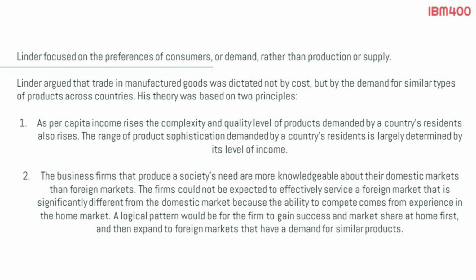This theory was based on two principles. The first one is, as per capita income rises, the complexity and quality level of products demanded by a country's residents also rises. The range of product sophistication demanded by a country's residents is largely determined by its level of income.